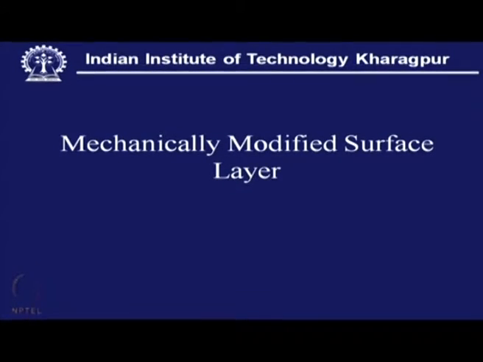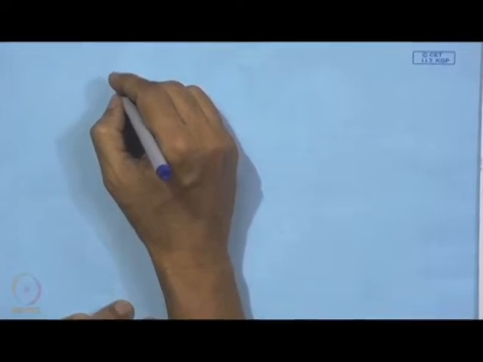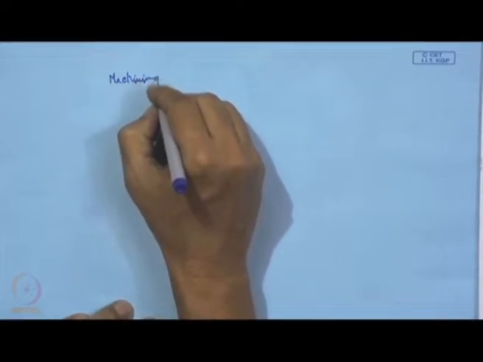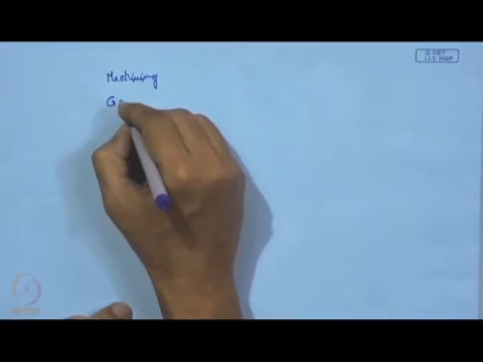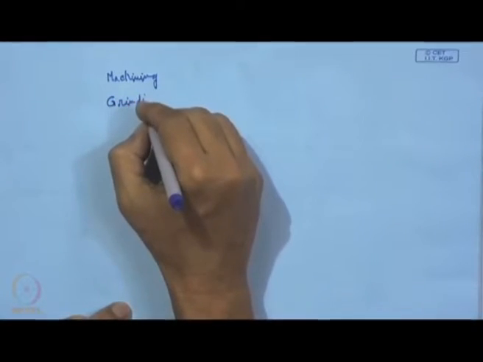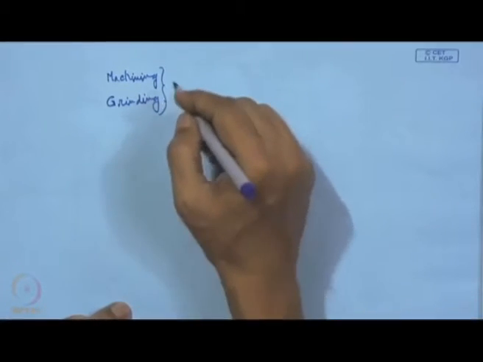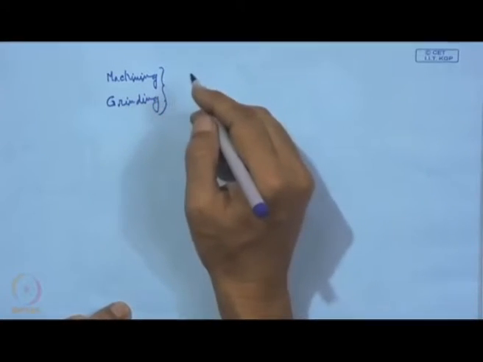How can the surface layer be modified? In fact, on a surface which is formed by machining or by grinding, there are some grinding marks or machining marks, feed marks.